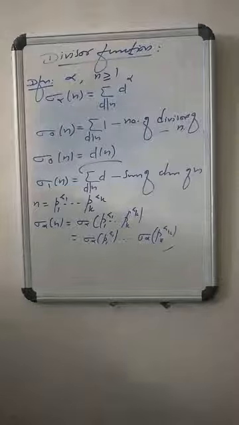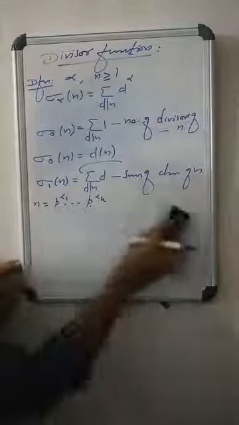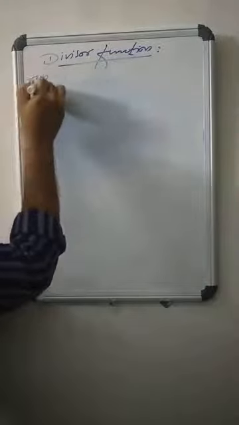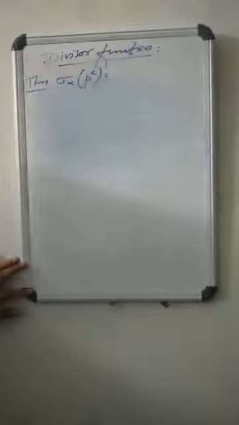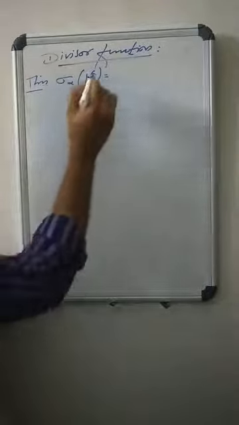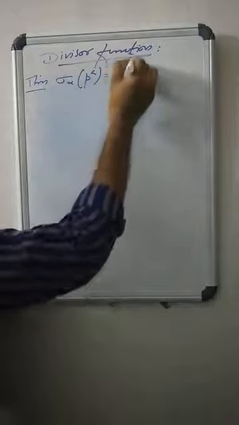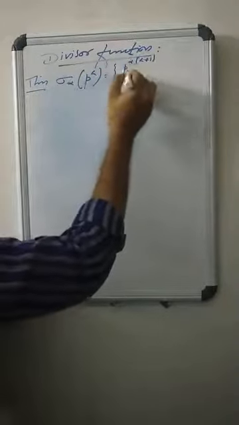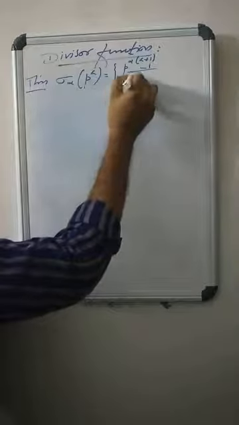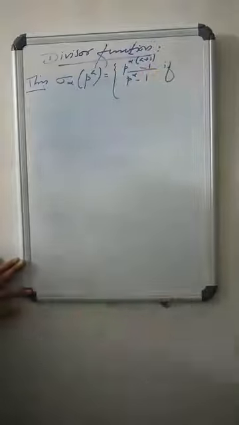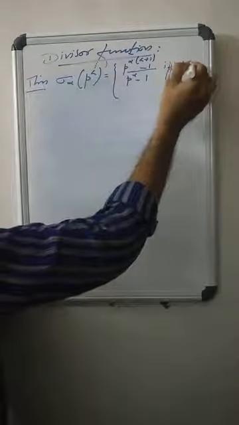Okay. Now, by using this definition, we prove a theorem. For the divisor function, σ_α of p^a equals (p^(α(a+1)) - 1) divided by (p^α - 1) if α differs from 0.